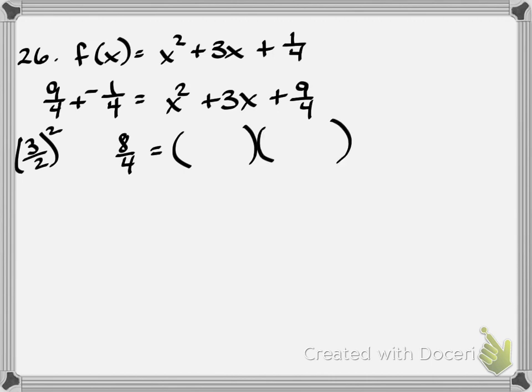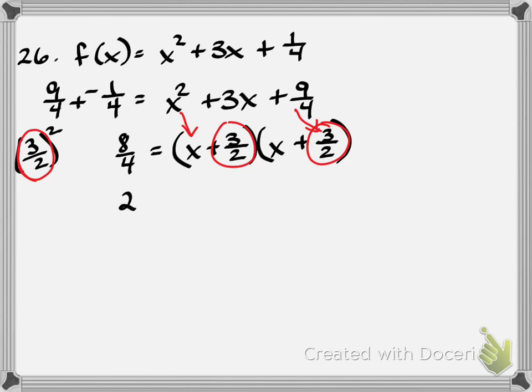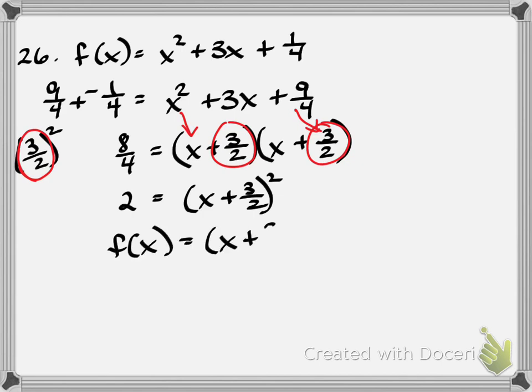And this is going to factor x and x, and 3/2 and 3/2. When we were practicing this in class, I was saying just do the square root of this and do the square root of this. And someone noticed that this number that goes here is always this b over 2 that we do. And that's all true. Now 8/4 is 2. And x plus 3/2 times x plus 3/2 is x plus 3/2 squared. And then you just want to move your 2 back over. So your vertex is -3/2, comma, -2.